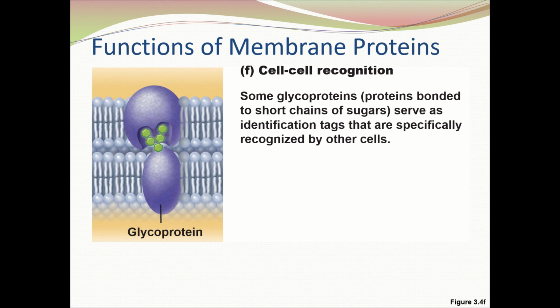Whereas a foreign cell would come in with a glycocalyx that's foreign to the immune system and thus will be attacked. If the cells of the immune system malfunction and they think that your own cells are pathogens, that is called an autoimmune response.